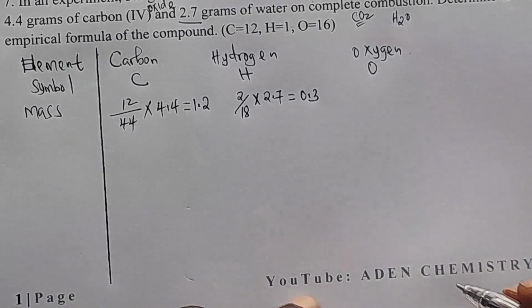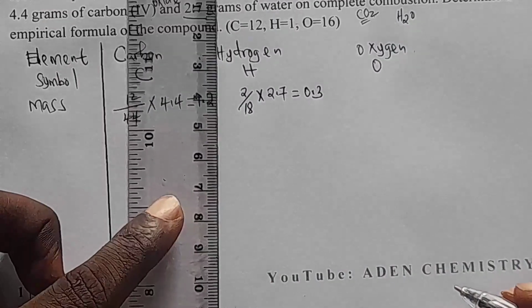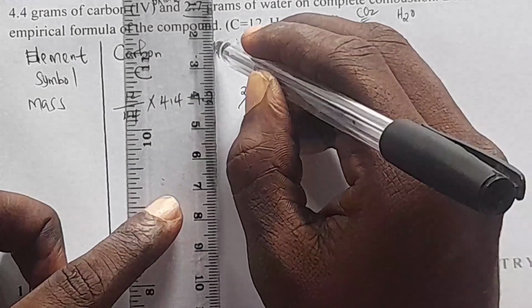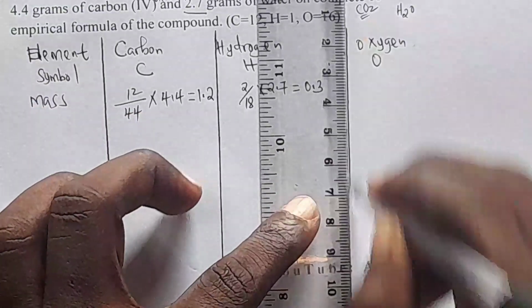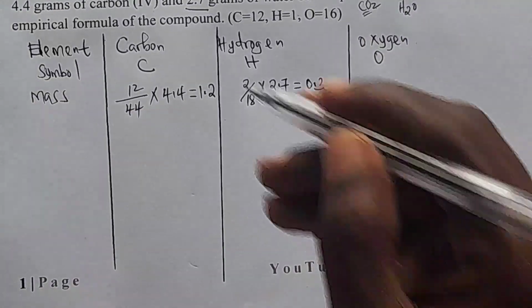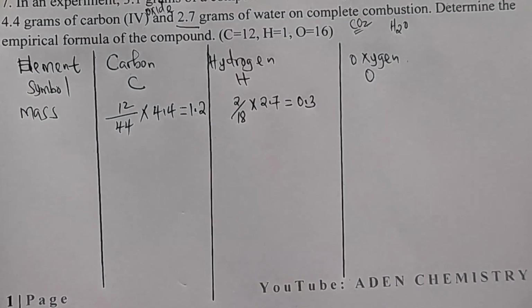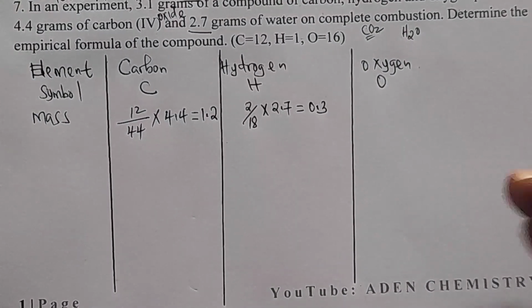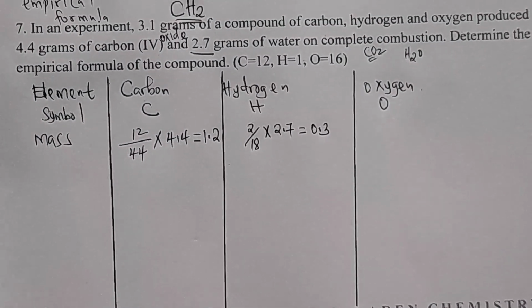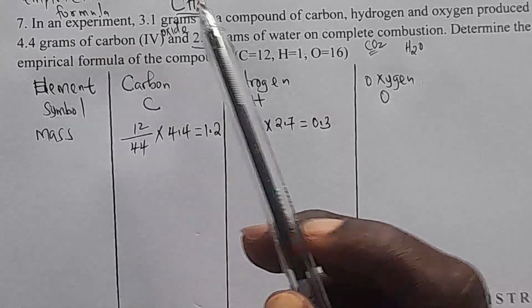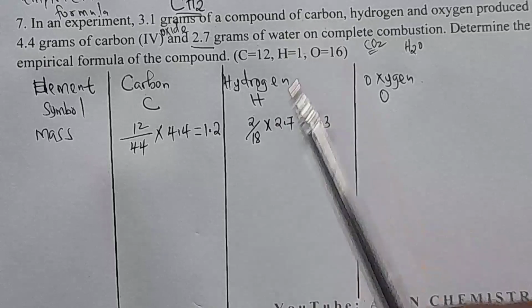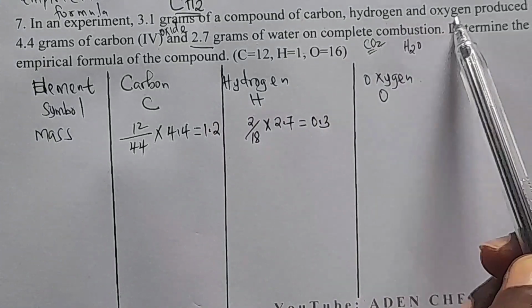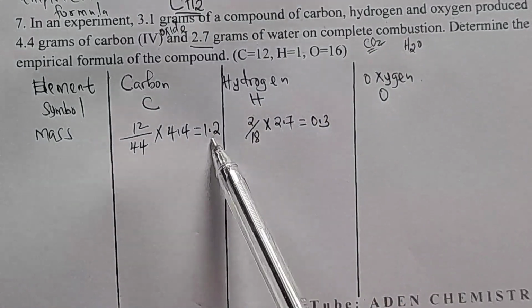So let's go next to oxygen. Oxygen can be gotten from both carbon dioxide and water, so if we used the masses of carbon dioxide and water to calculate the mass of oxygen, it will give us a wrong answer. But if you check the start of the question, we are told that in an experiment, 3.1 grams of a compound of carbon, hydrogen, and oxygen was used, and we have gotten the mass of carbon and hydrogen.